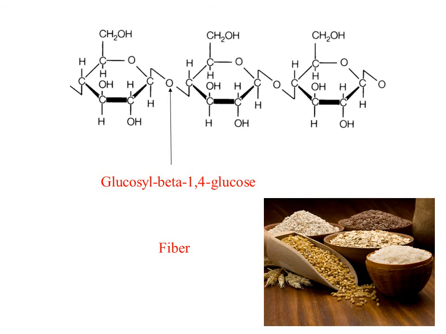If we look at this image, we notice that on carbon 1, the hydroxyl group is facing up. Since it is facing up, this is referred to as beta 1,4 linkage. This will be seen in fiber. Humans are not able to break down fiber because of this beta 1,4 linkage.